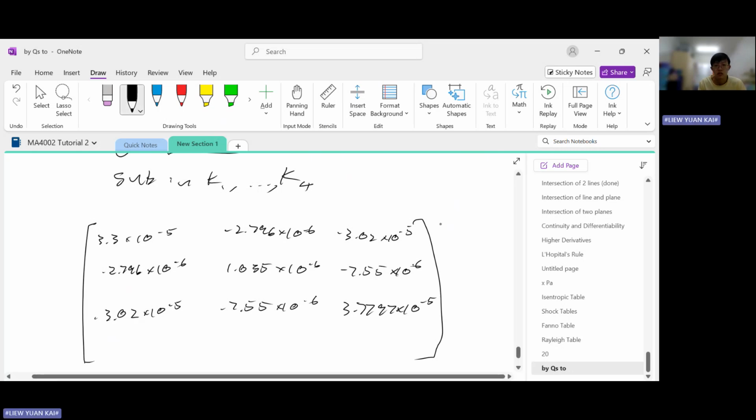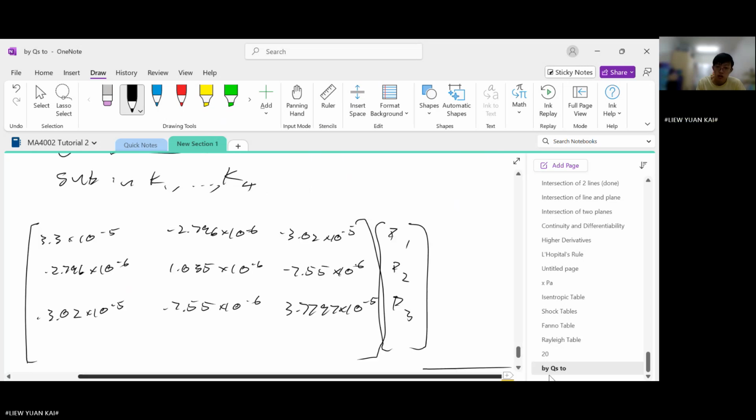Then we also have the pressure and finally the fluid flow.